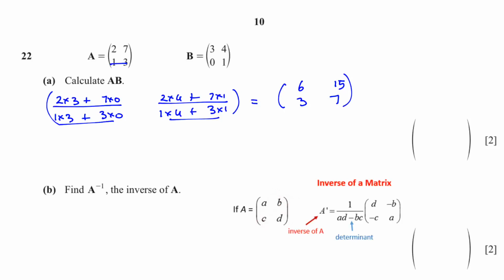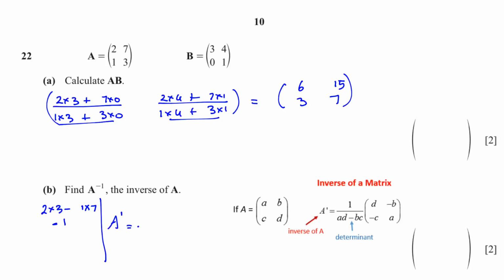Let's find the determinant first. So the determinant of A will be 2 times 3 minus 1 times 7. It will be negative 1. That is your determinant. And now we are going to use it in our formula to find the inverse.